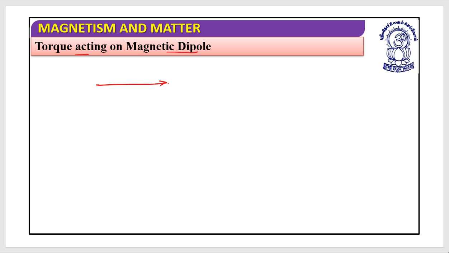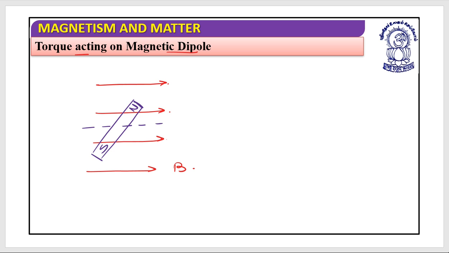The situation is, let's suppose this is the direction of magnetic field B, and from here we have put a magnet over here. Let's say this is south pole, this is north pole, and if this is taken as a reference line, then this is the magnetic moment M, and this would be the angle theta.